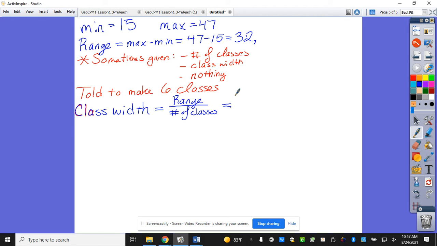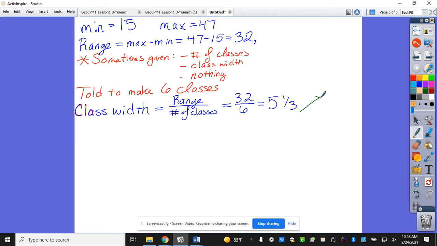So for this example, that'd be 32 divided by 6. What does that give me? If I only give each group 5, would that cover my range? No.